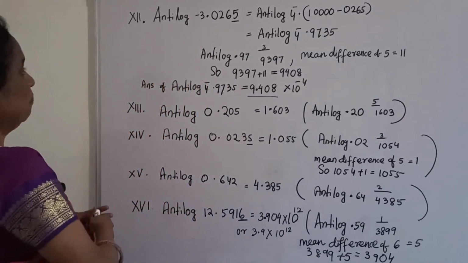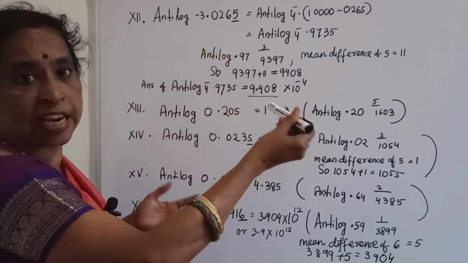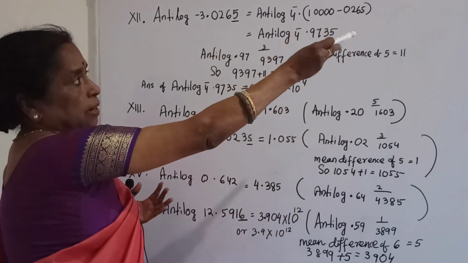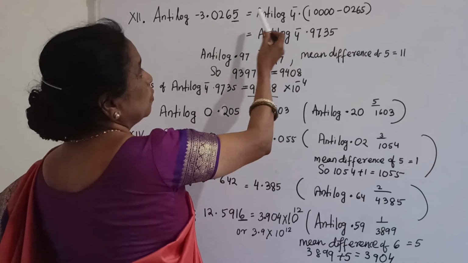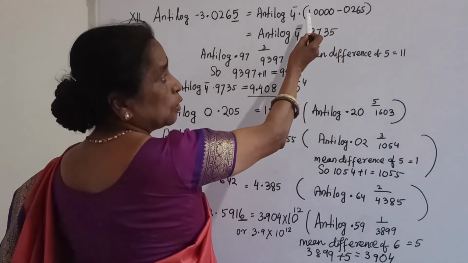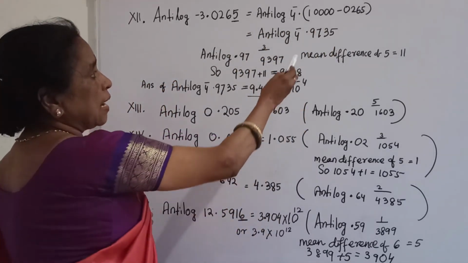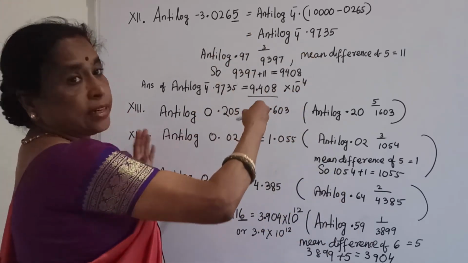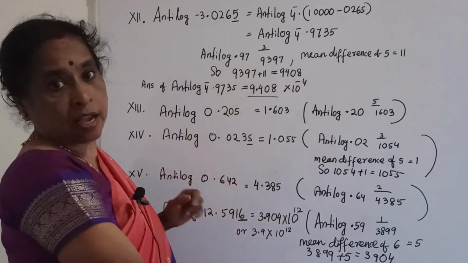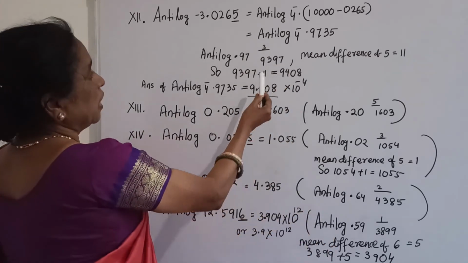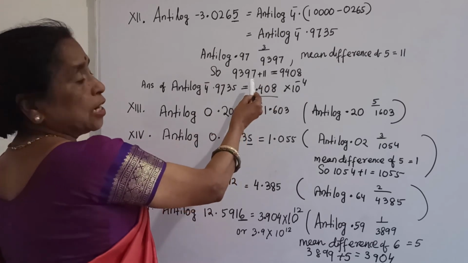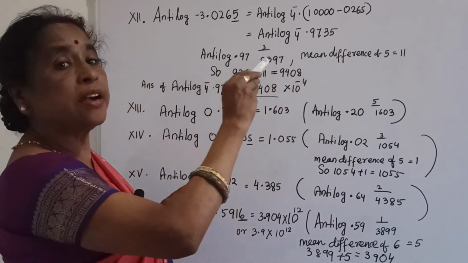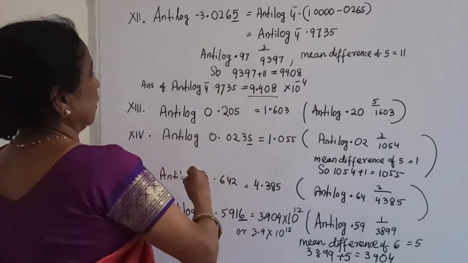So again see, if there is a minus sign in the antilog, you convert it to bar form, then you make the minus, and after that it changes to bar, and you can calculate the antilog of this as it is. How to calculate, you know from before. Then if there is a mean difference, you can add it. This is called the mean difference of 5 because 5 is there.